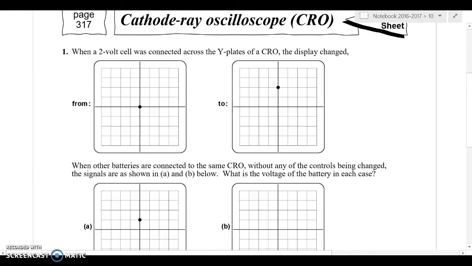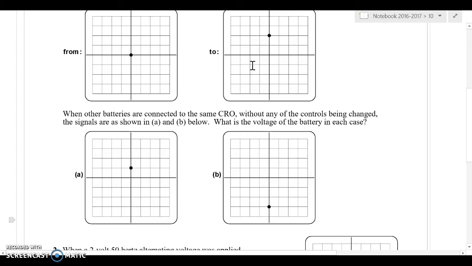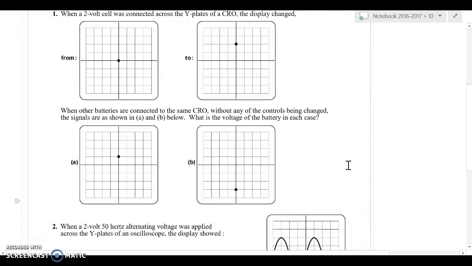So, first off, let's take a look at question 1. A cathode ray oscilloscope with nothing attached to it has a 2-volt cell attached to it, and the dot on the oscilloscope jumps up 2 squares. You'll be able to use this information to work out how many volts each square up represents. When other batteries are connected to the same cathode ray oscilloscope, we get 2 different sorts of spot.